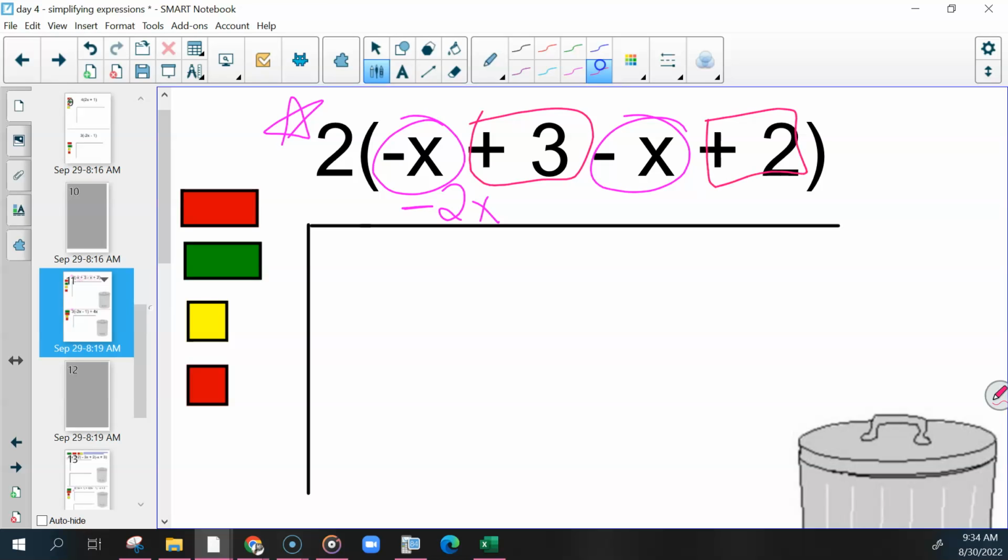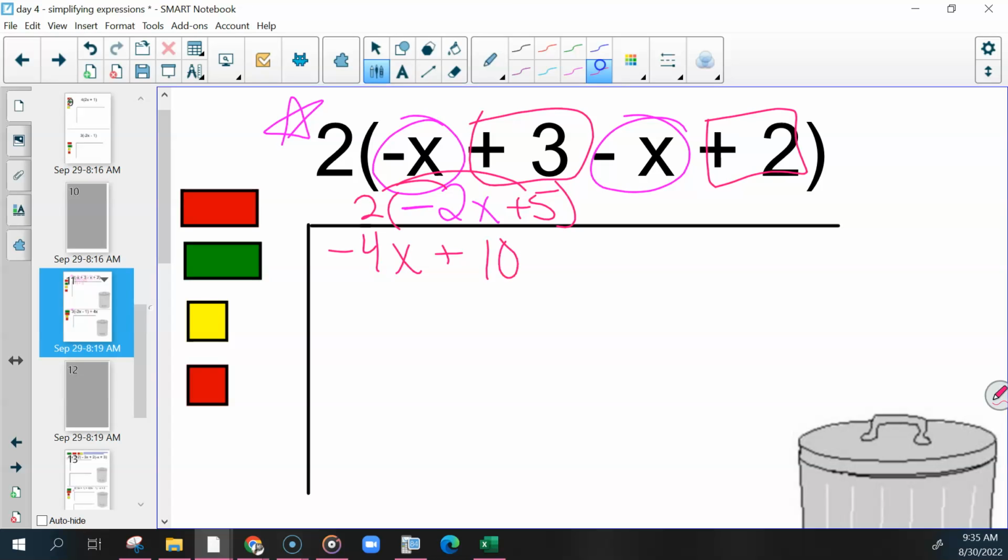Plus 3 plus 2, that would give us 5. So now we need to distribute the 2 to everything. 2 times negative 2 would give us negative 4, and we then put the x. 2 times 5 would give us 10. So our final answer should be negative 4x plus 10.